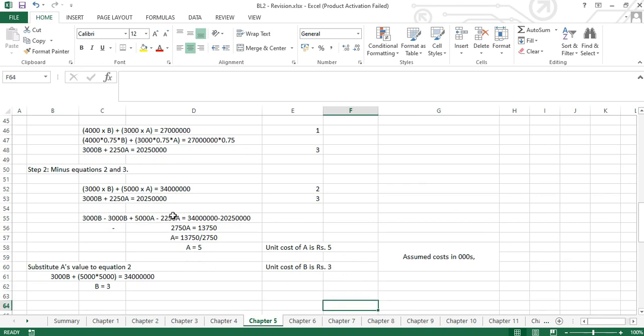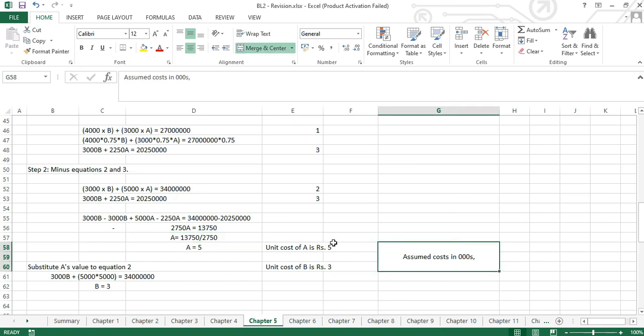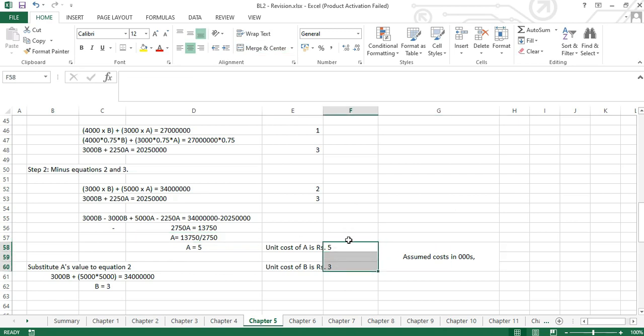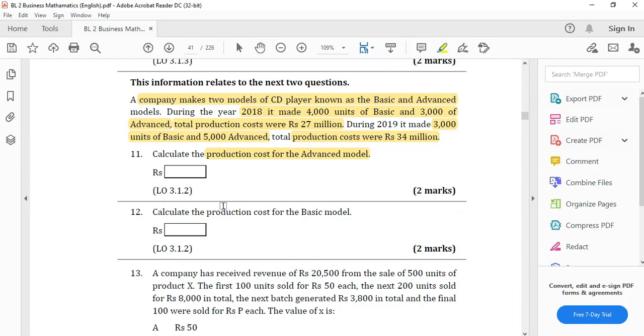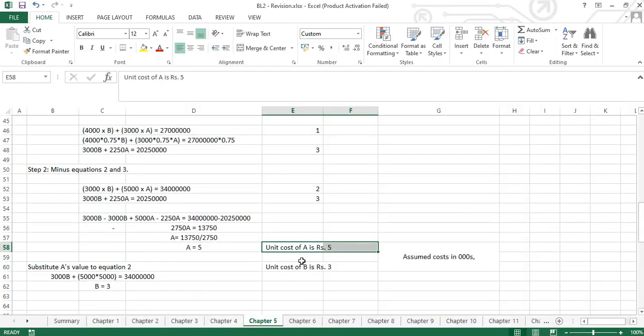We used it exactly as they said, but I think they missed mentioning one thing and created confusion over thousands and millions. So assuming that all are in thousands, this will be the answer. So this is the answer for question 11. The unit cost of A is 5, and for question 12 the unit cost of the basic model is 3.